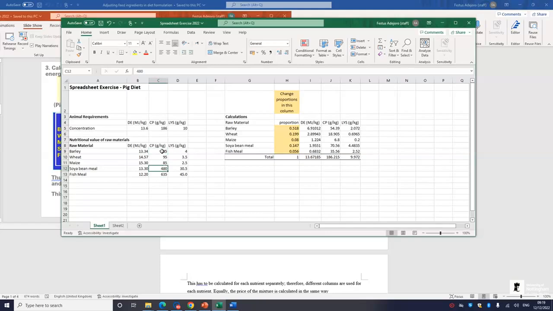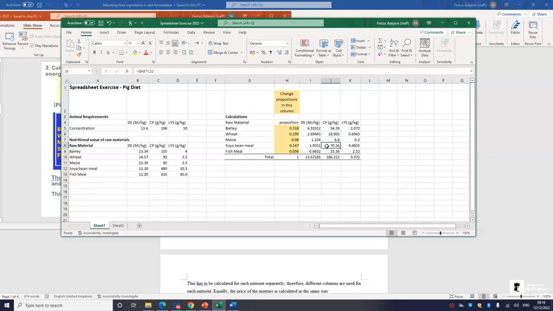But because you are including barley up to about 51.8% of the diet, barley is supplying the bulk of, almost about 25% of the diet protein, about 54 gram, whereas wheat is supplying about 18 gram.